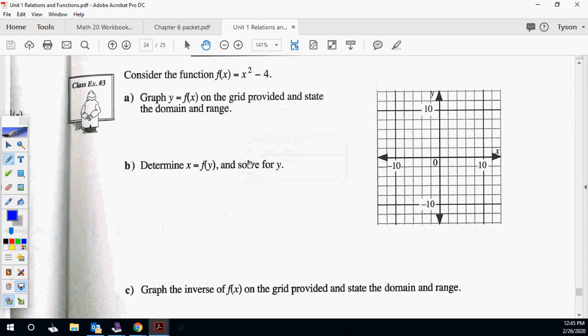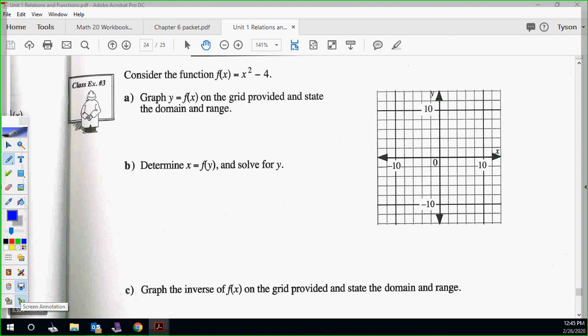Ran over. Okay, so f of x equals x squared minus 4. You can already see you're going to have an issue here with the inverse not being a function. It's an even, so you kind of have that in your head. It says graph on the grid and state the domain and range. So we're just going to graph this simple parabola. x squared minus 4. They did change the scale on us, so I'm going to pay attention this time. It's right there, minus 4. It goes through here and onward and upward like that. That's what your x squared minus 4 looks like.